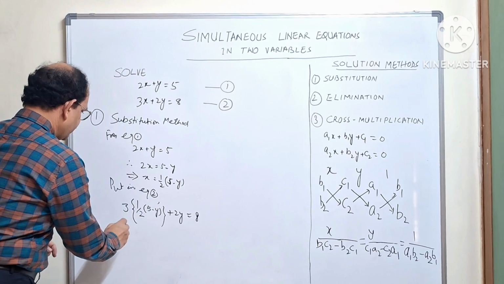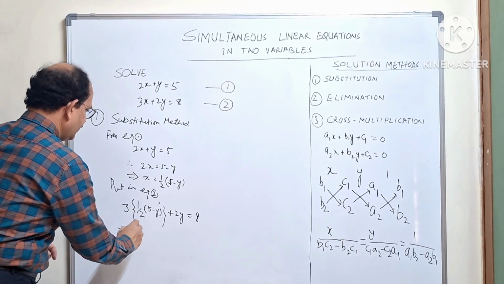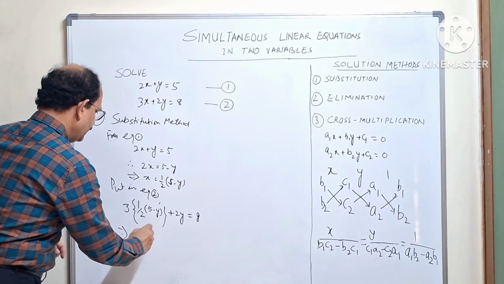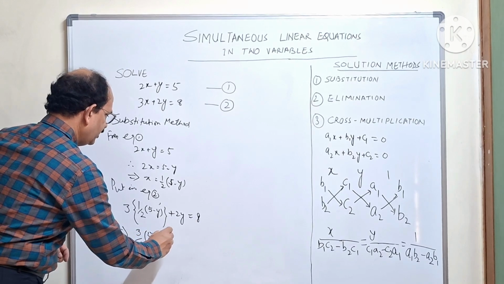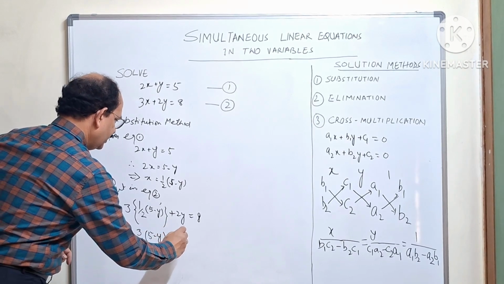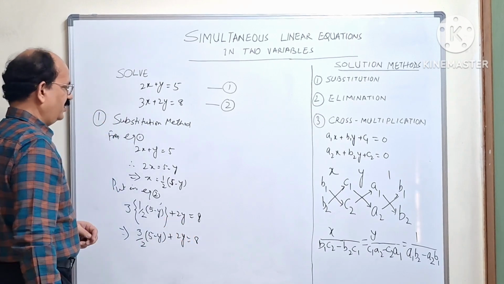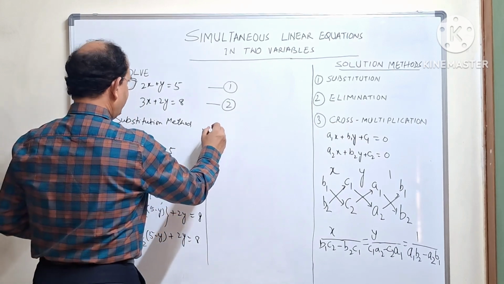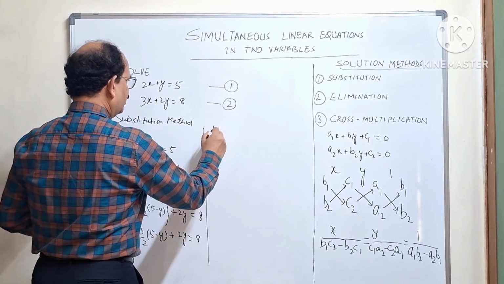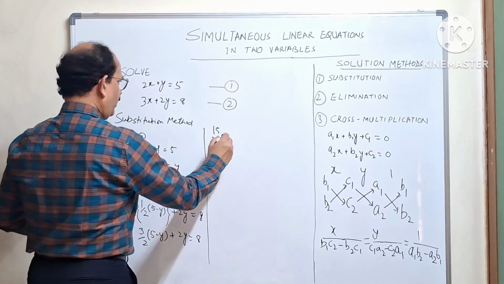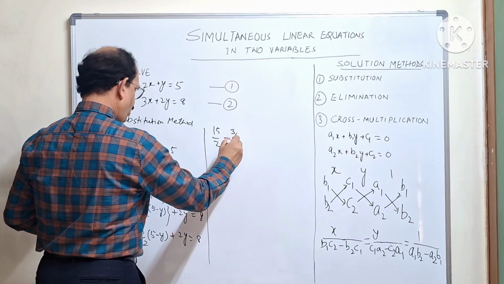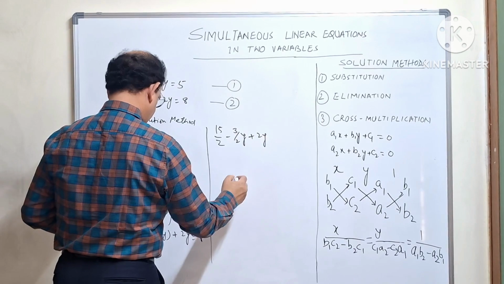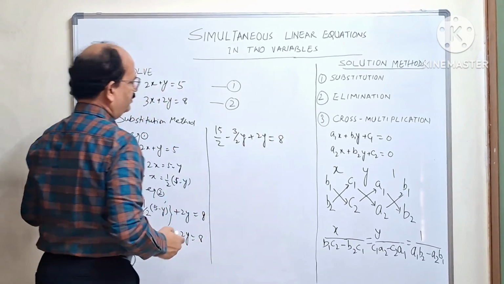And then when I solve it, I can get this as 3 by 2 into 5 minus y plus 2y is equal to 8. Which I take forward further, then I can write it as 15 by 2 minus 3 by 2y plus 2y is equal to 8.